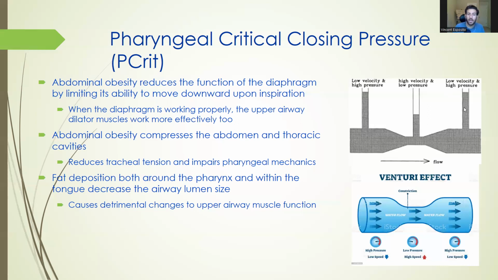Also, another thing to be aware of is fat deposition, which can happen in the pharynx, and also within the tongue. So you can actually get a fatty tongue. And if the tongue is thicker, if it's fatter, that's going to decrease the airway passage. And if that airway passage is tighter, the pressure is going to increase and again, potentially cause a collapse.